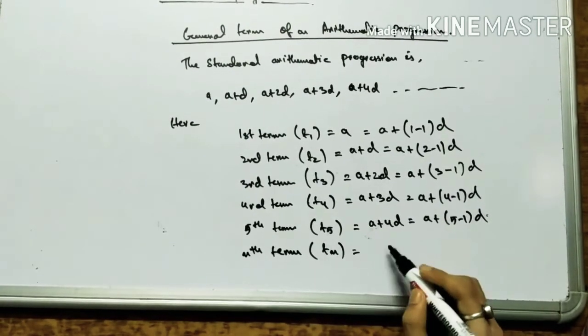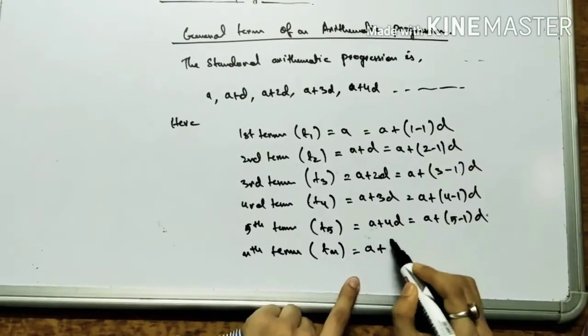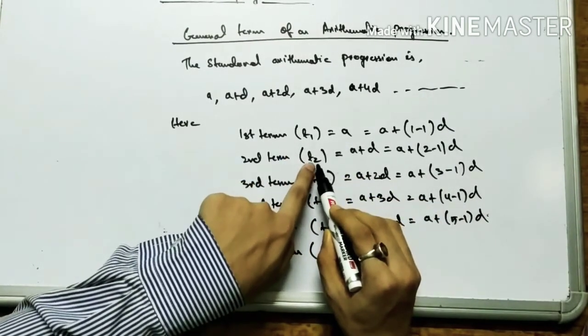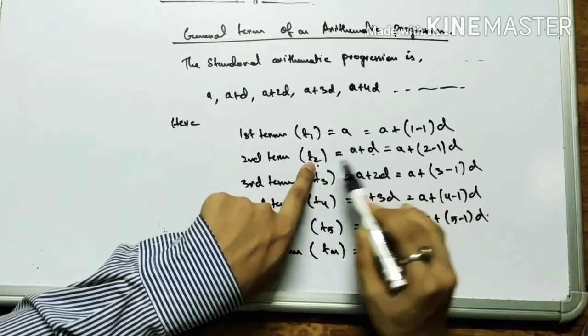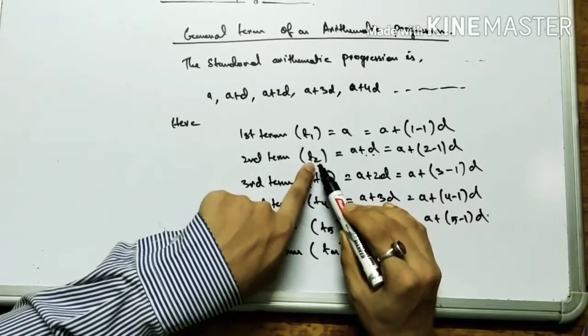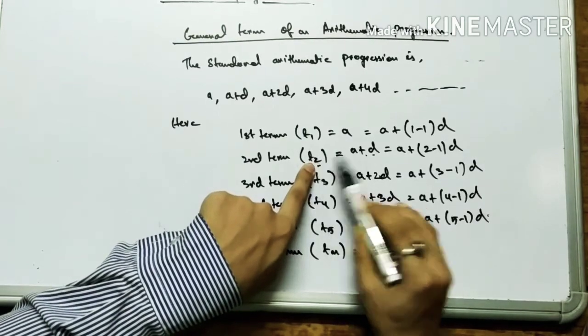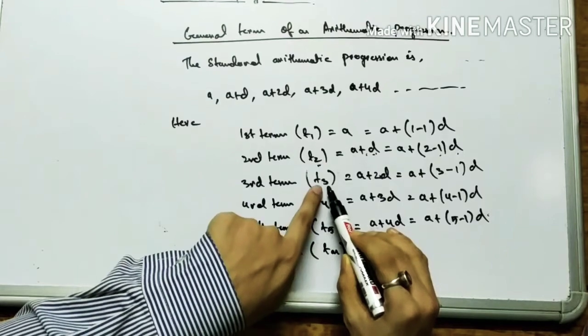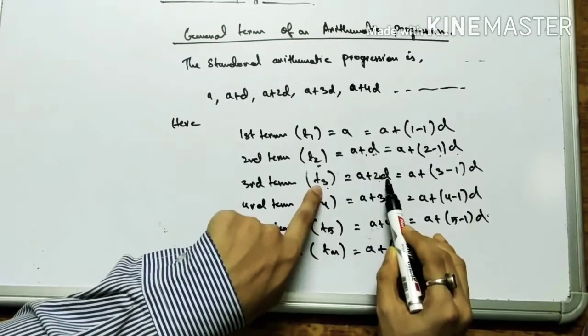So the nth term, which I can write as tn, will be equal to what? A plus, you see in here, the term number is 2, and what happens with d? The number that I multiply with d is 1 less than the term number. Term number is 2, so 1 is multiplied with d. Term number is 3, so 2 is multiplied with d.